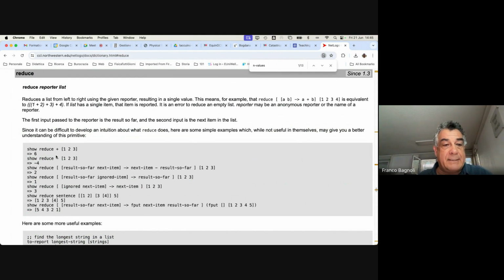This applies an anonymous function again, and takes the first two.